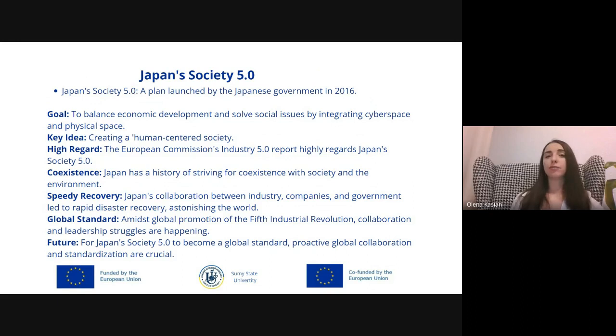This is Society 5.0, referring to a human-centered society, in 2016. So the Industry 5.0 report of the European Commission announced Japan's Society 5.0 as a leading concept. That is highly regarded.